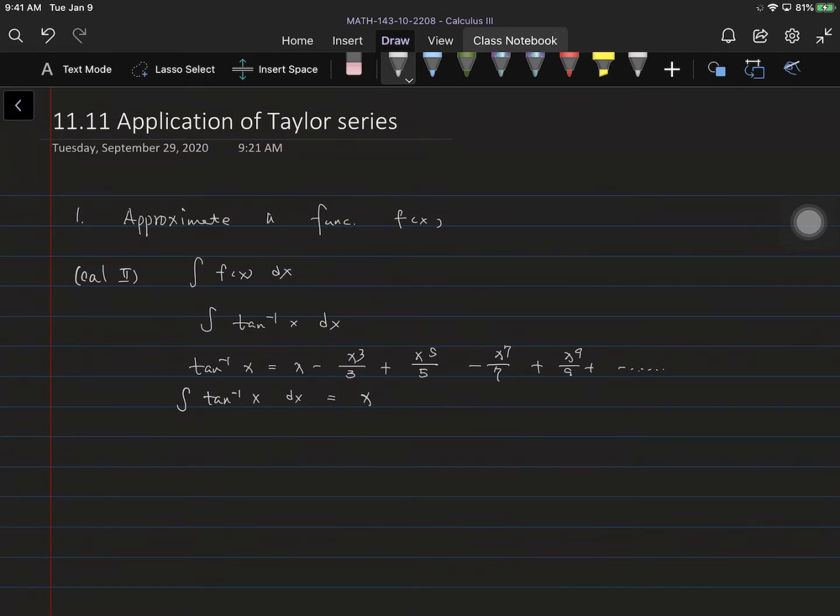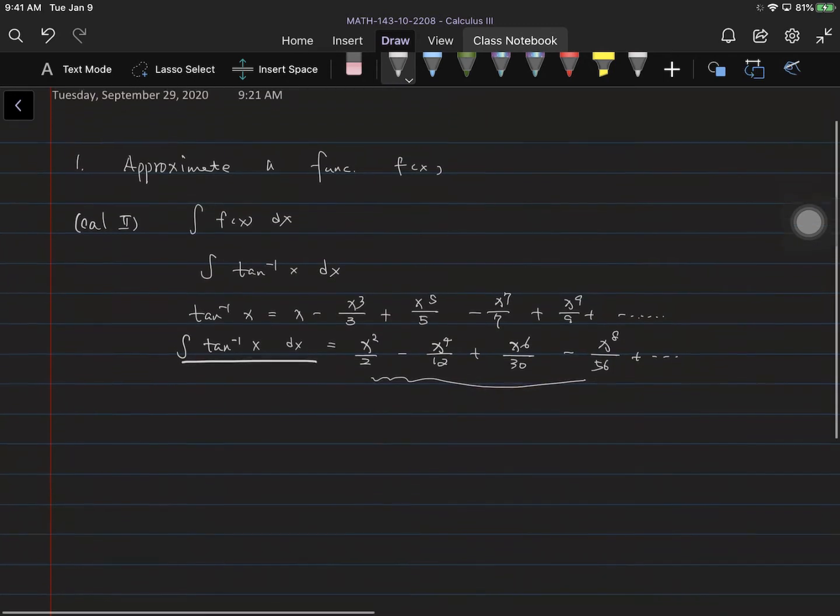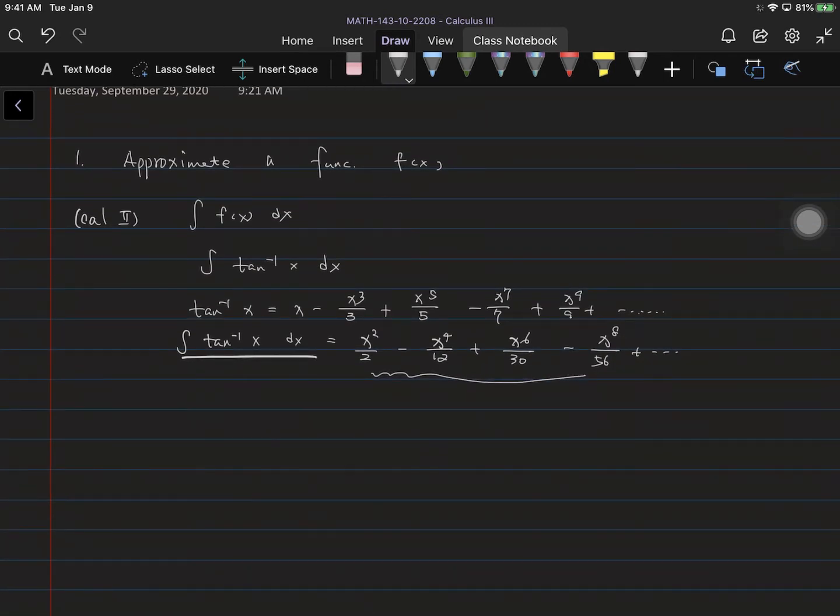So it's going to be x squared over 2, x to the 4th over 12, plus x to the 6th over 30, and minus x to the 8th, something like this. And then we get an approximation. So this is an approximation of this integral. Okay, so that's the first application: approximate a function by using Taylor series.